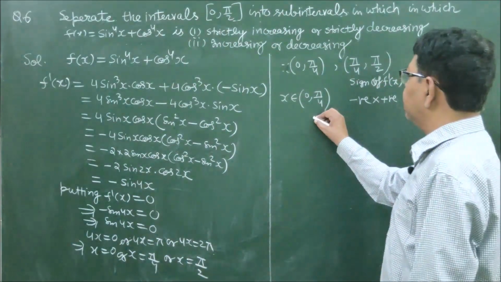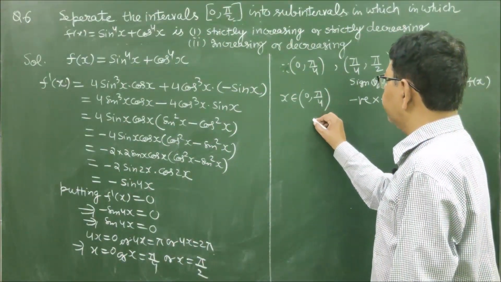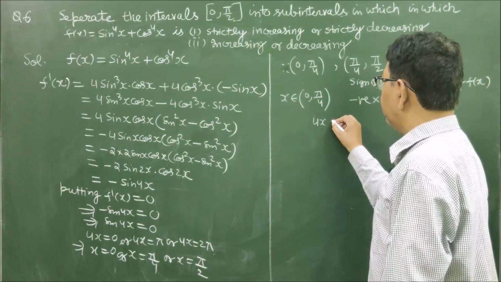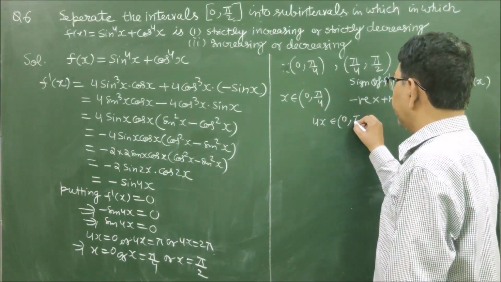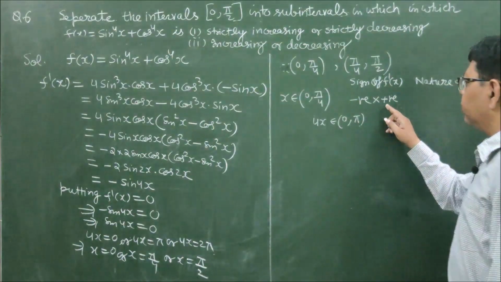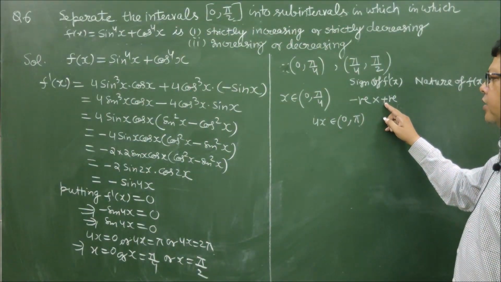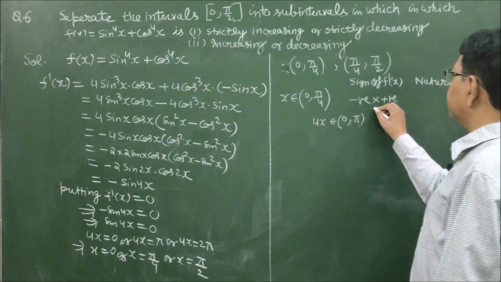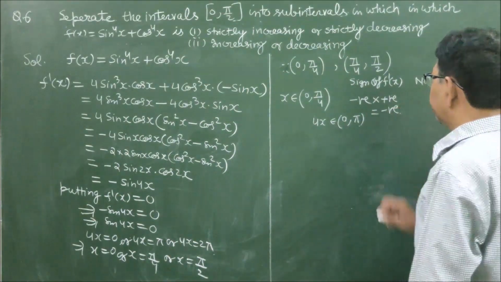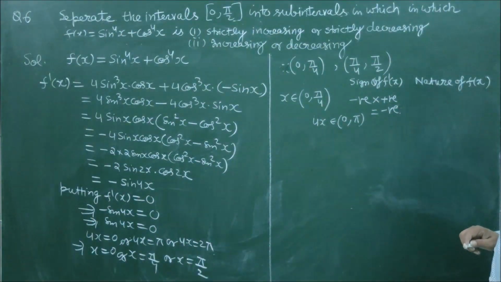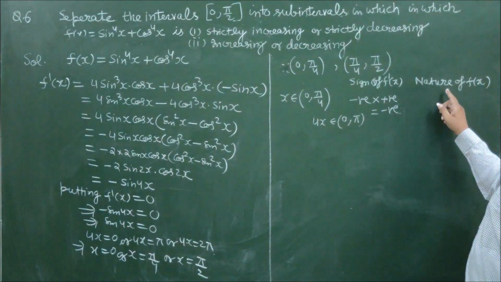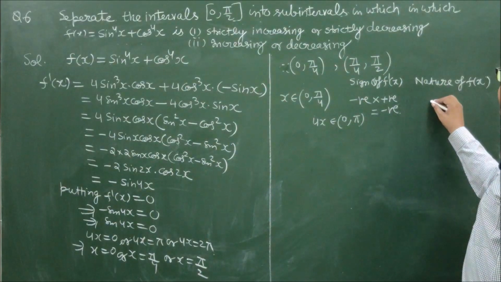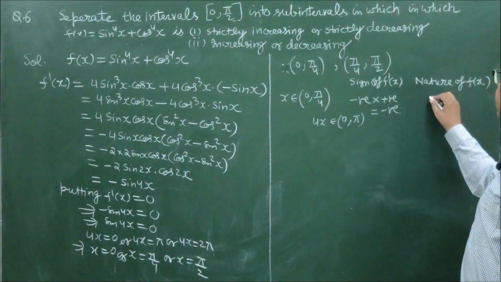So if x varies from 0 to pi by 4, 4x varies from 0 to pi, and in this interval the value of sin 4x is positive, so the overall sign is negative. That is, in this interval the nature of the function is decreasing, strictly decreasing.